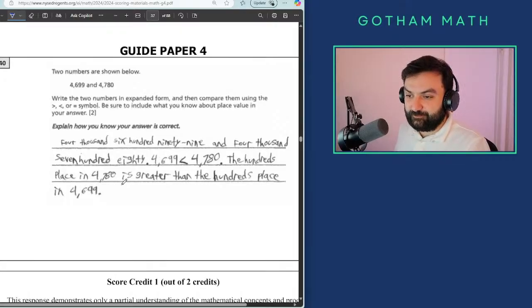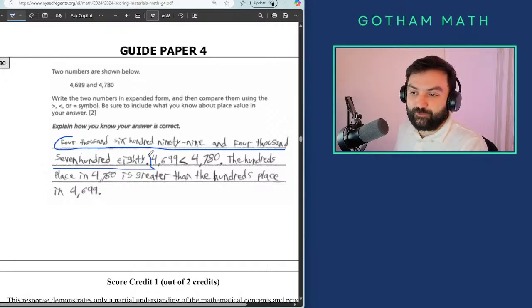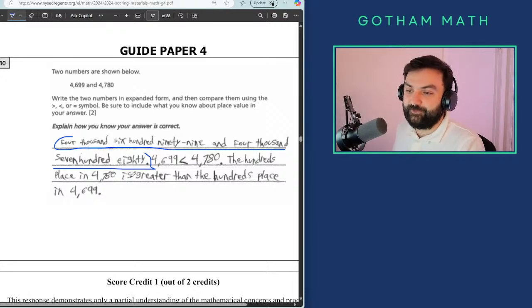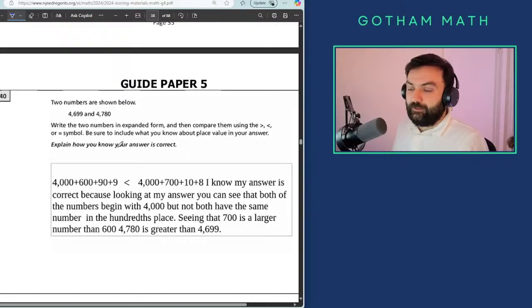Actually, it's all correct except the wrong form. So this student probably knows what he or she is doing, but didn't pay attention or didn't know that the expanded form and word form are two different things. True. And one you get.